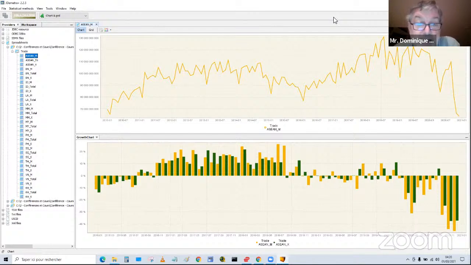So I saw in the chat the message, the mail from Indonesia on the problems in the data for 2018.